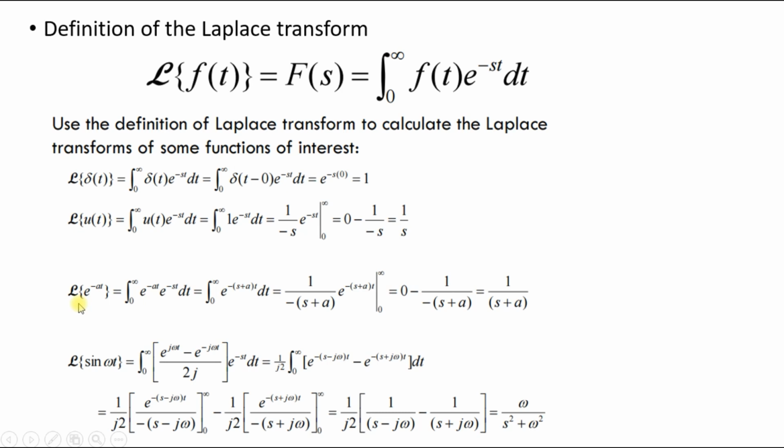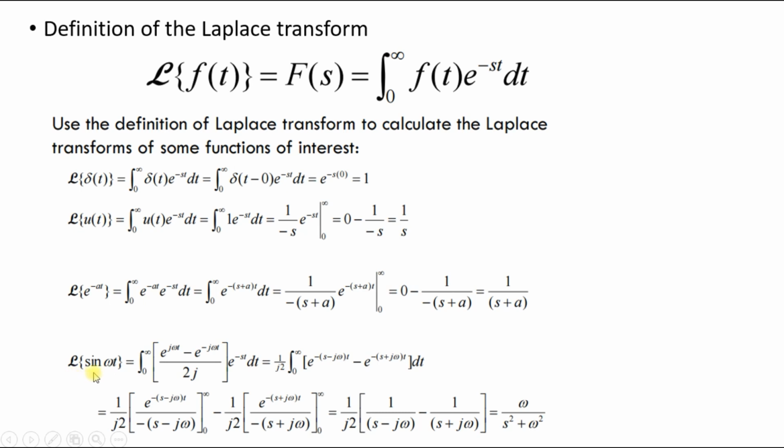The next one is the Laplace transform of e power minus at, which is the integral from 0 to infinity of e power minus at into e power minus st into dt. Just integrate this function and substitute the upper and lower limits. The final value is equal to 1 divided by s plus a. The Laplace transform of sin omega t is equal to omega divided by s square plus omega square.